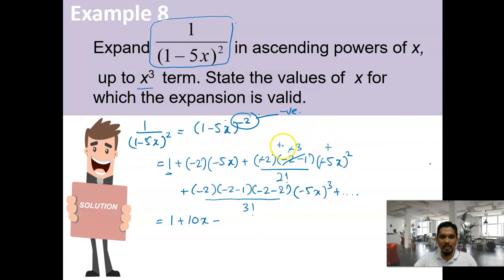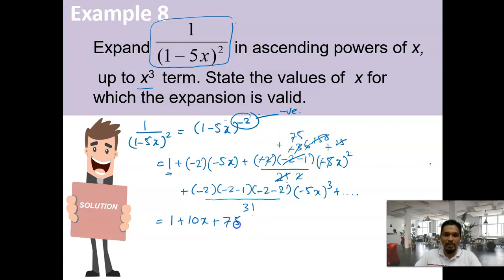So positive multiplied with positive is positive. 2 times 3 equal to 6. 5 squared is 25, so 25 times 6 is 150. We got 2 factorial here, 2 times 1 equal to 2. 150 divided by 2 is 75.